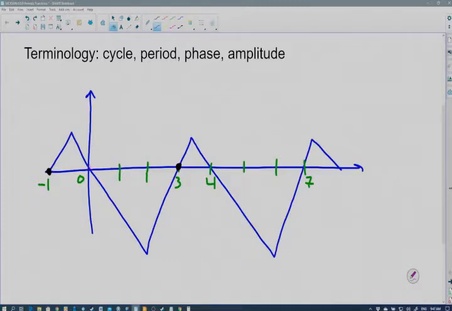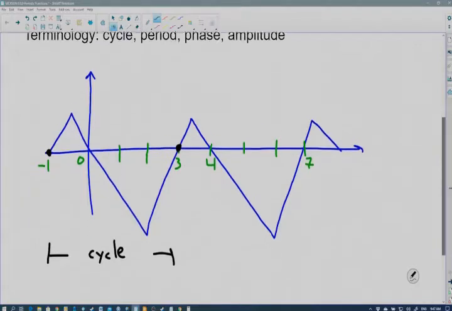That word, state, in trigonometry is called the phase of the graph. These two points are in the same phase because the graph is going upwards from the same height from those two points. The distance between two points that are in the same phase is called the cycle.